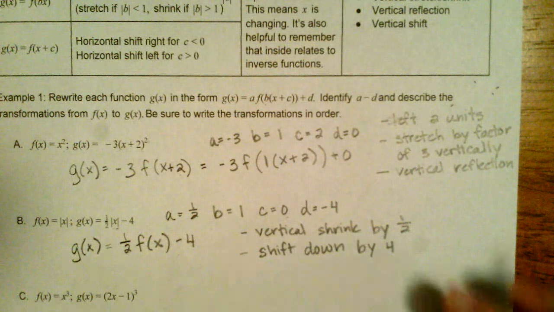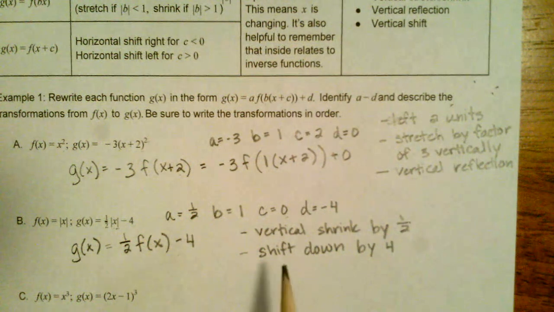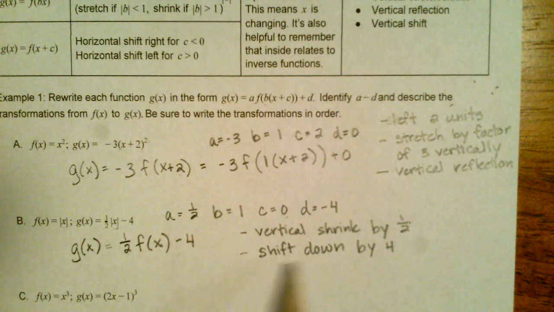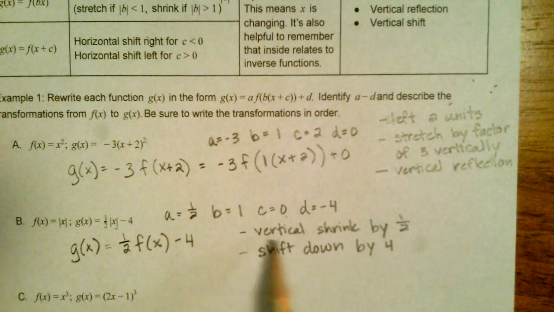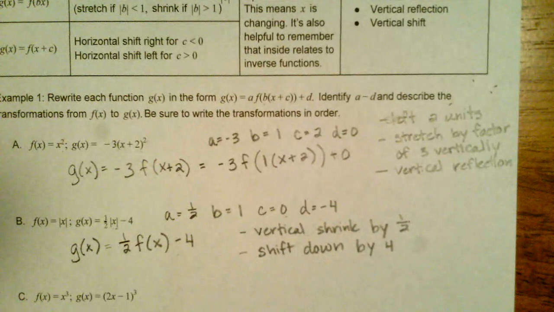Again, this is important. Order is important. When you are telling me the transformations, it's important that you say left, right, up, down. If it's a shrink or a stretch, it's important that you're telling me vertically or horizontally.